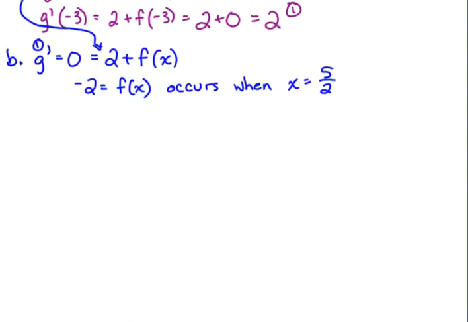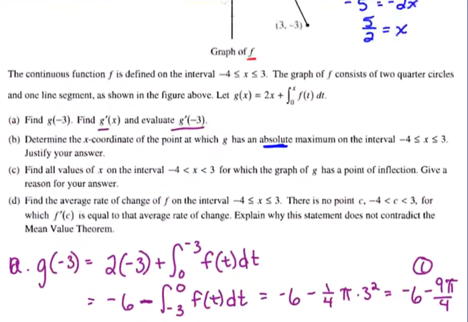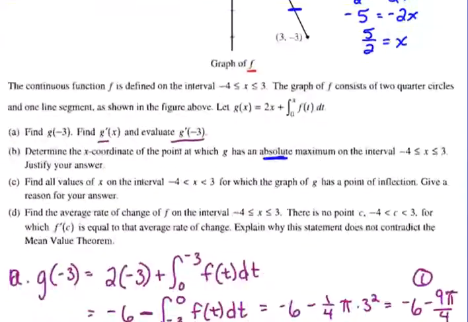Okay, we're going to have to check g of -4, and we need to check g of 5/2, and we need to check g of 6. Not 6, 3. Sorry, the interval ends at 3.